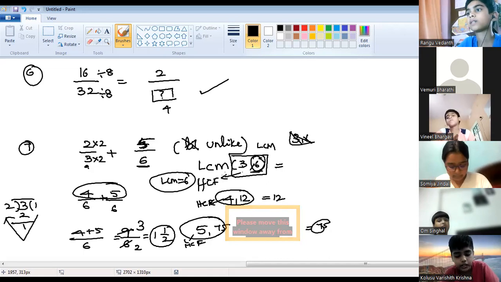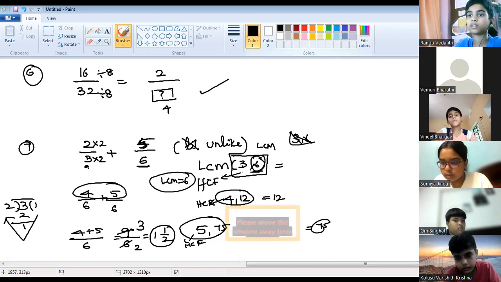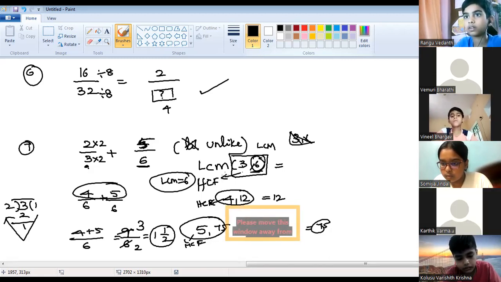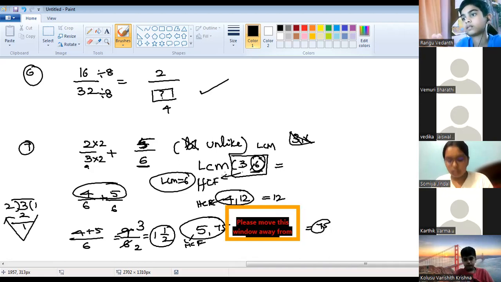Both are the same. Now we are doing LCD. Both are the same. What is the meaning of LCD? Least common divisor. Very good.